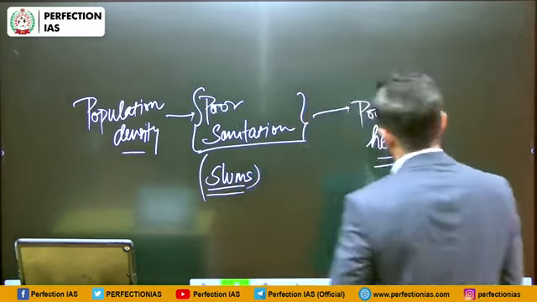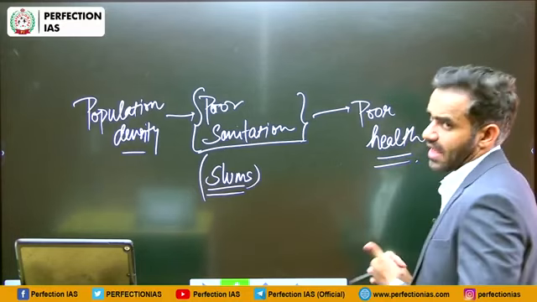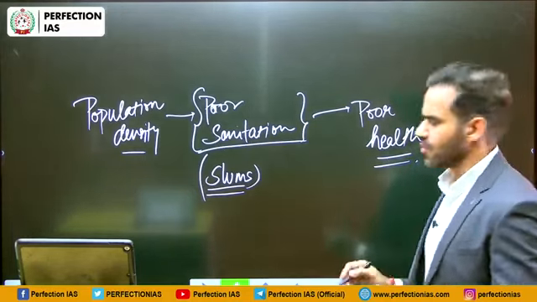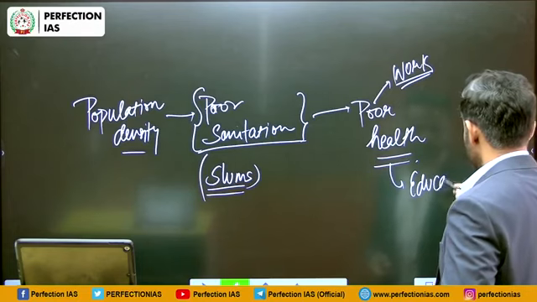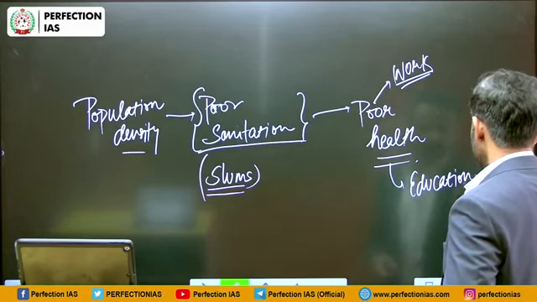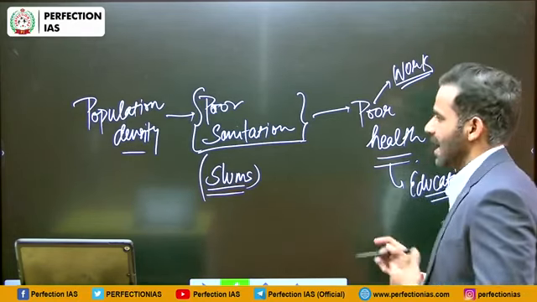Now there are two major factors. A, the person is not healthy, therefore the person will not be able to work properly. If the person is working, he or she will not be able to work properly. If the person is going to school, his education or her education will be hampered.